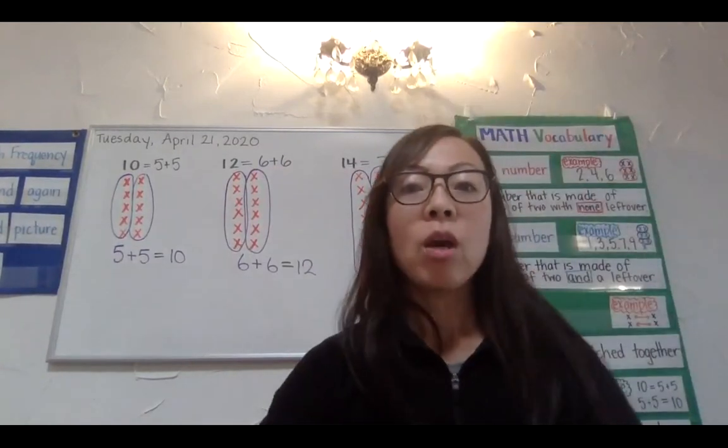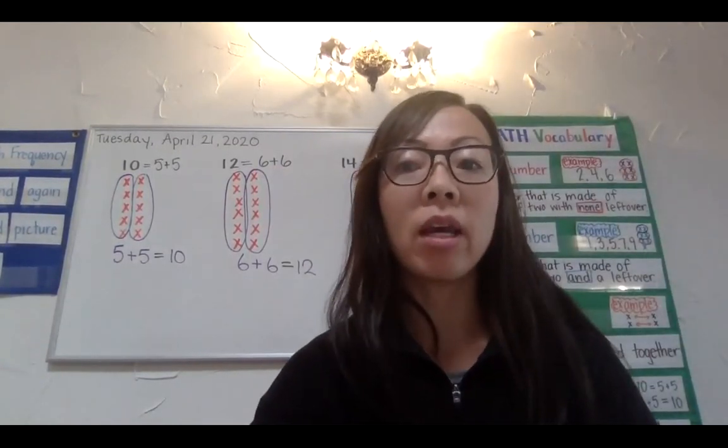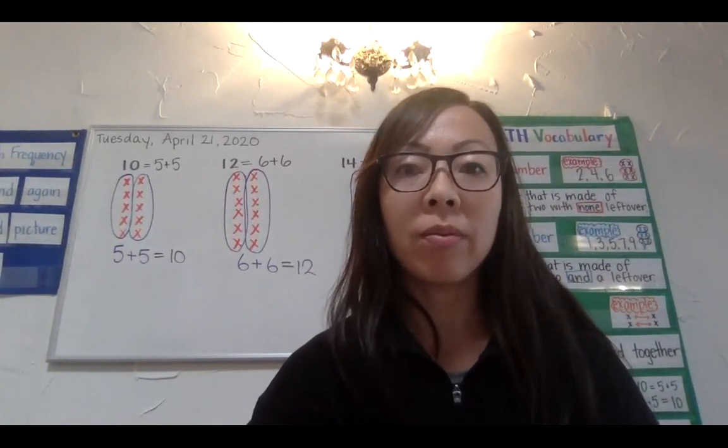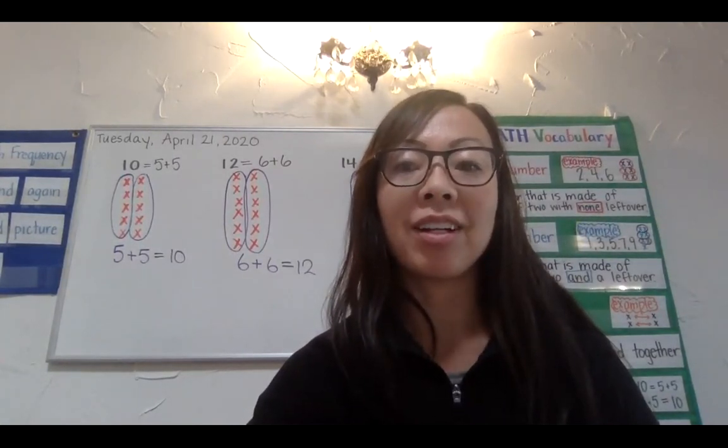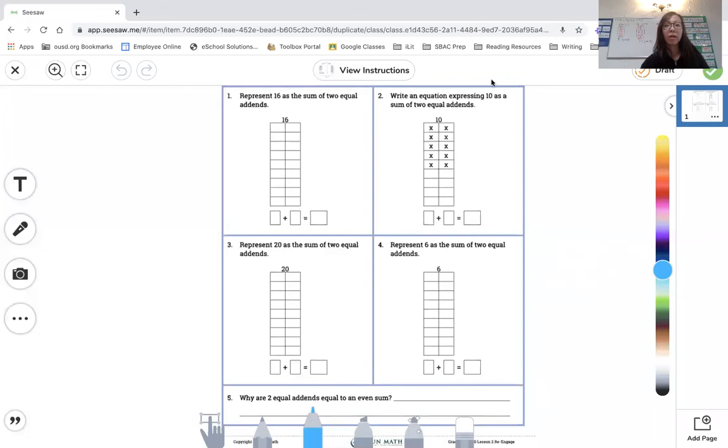All right, scholars, when you jump into your work today, let's take a look at it actually. In your math work today, you're going to be taking a look at a number. Number 1 says represent 16 as a sum of 2 equal addends. We're going to do the same work we did yesterday where we fill in the chart.